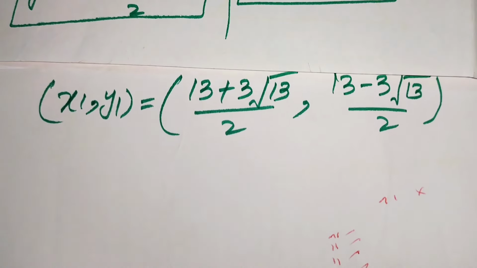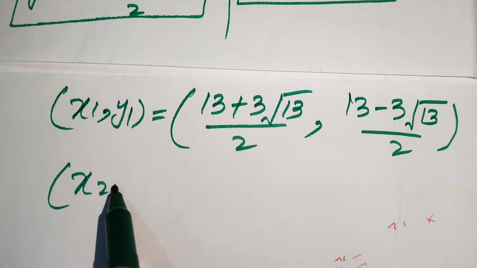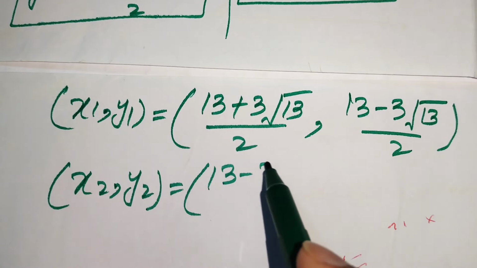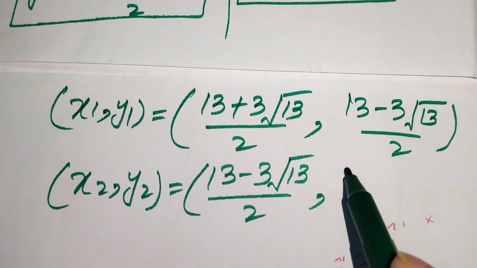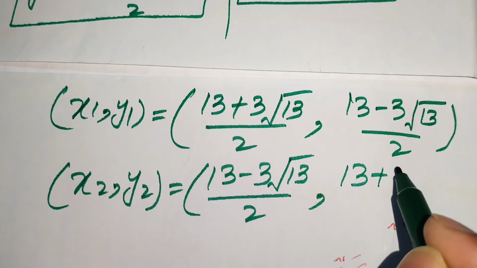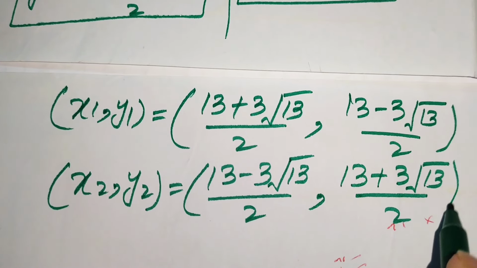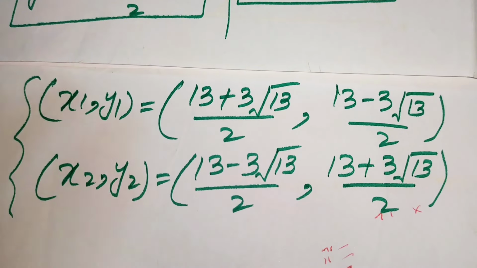This is the first solution, and similarly the second solution of the given equation is x2, y2 equals 13 minus 3 into the square root of 13 divided by 2, and 13 plus 3 into the square root of 13 divided by 2. So these are the two solutions of the given equation, and this is the final answer.